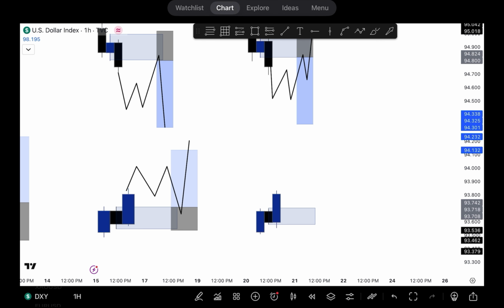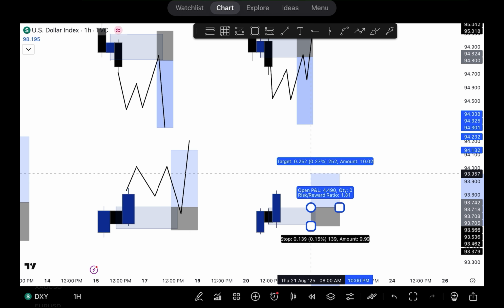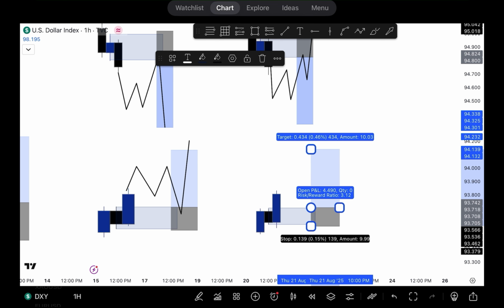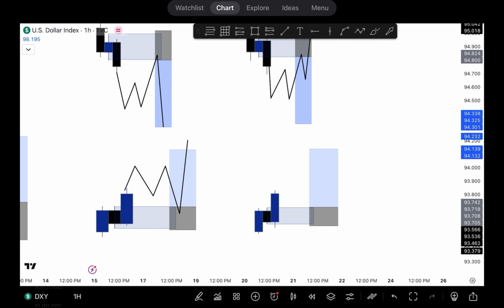Please note that I am only using this alone. I am not adding liquidity. I'm not adding structure. This is just an example. This is just a schematic. You cannot just go to the chart and trade just this alone.